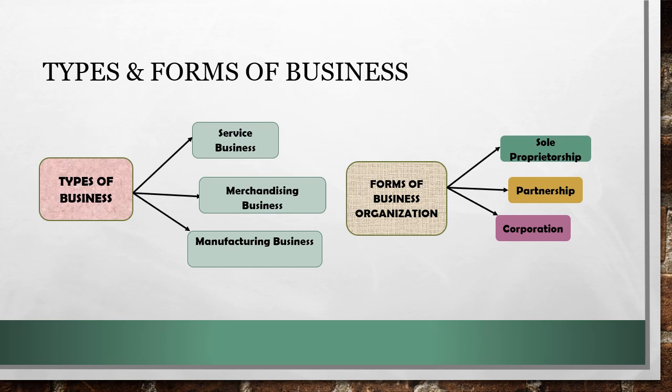So meaning, a partnership is like a proprietorship in most ways, except that it has more than one owner. So kanina sa sole proprietorship, one owner, but in here, meron na siyang more than one owner.